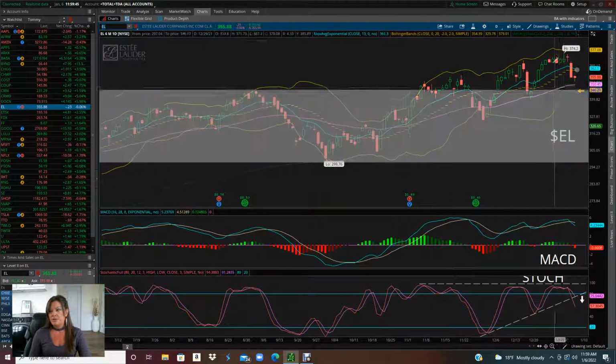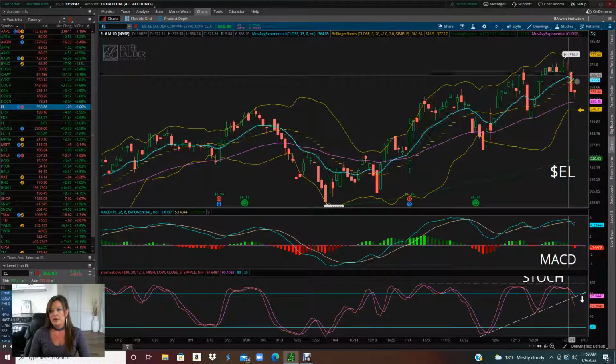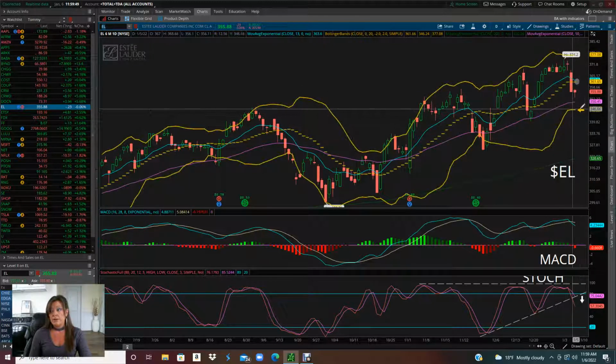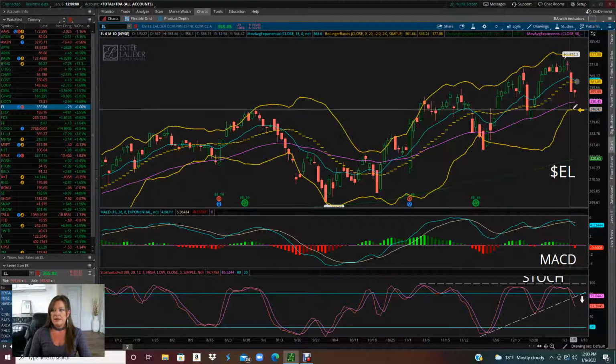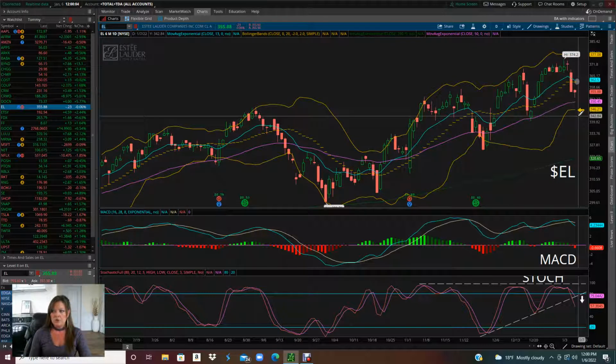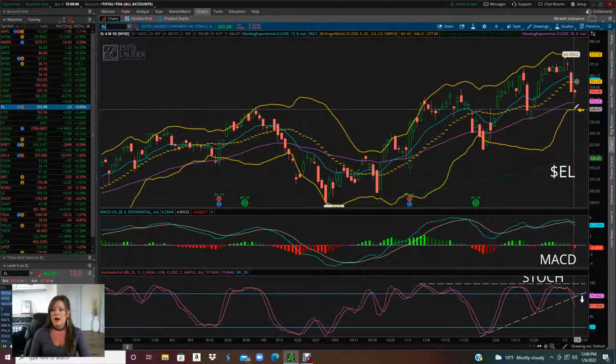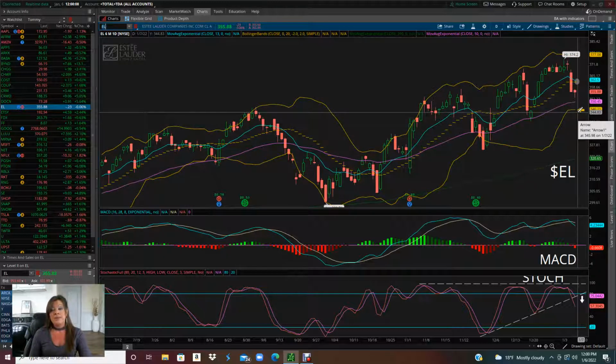It's not open. Even with these past two red days, the trapdoor is not open because this lower Bollinger Band is flat. So if tomorrow's more red, it probably goes down to the 50 EMA here. If this lower Bollinger Band turns over, rolls over, and starts to point downward, that opens the trapdoor for price to go down. I always watch for that.